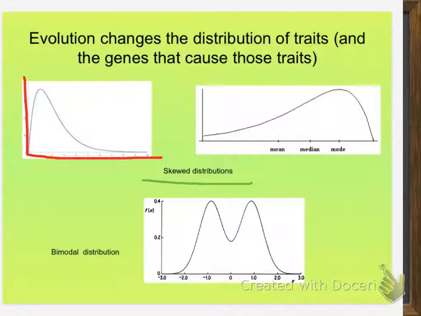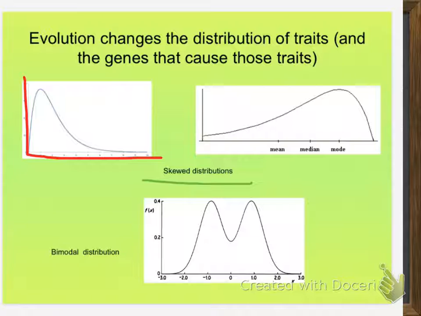I know there was one group that had a distribution with 2 modes. Is that you guys? When you have a distribution with 2 modes, you most often get a graph that looks something like this. It's got 2 humps. It's a bi means how many? 2. It's a bimodal distribution, because there are 2 areas where you have most of your individuals.